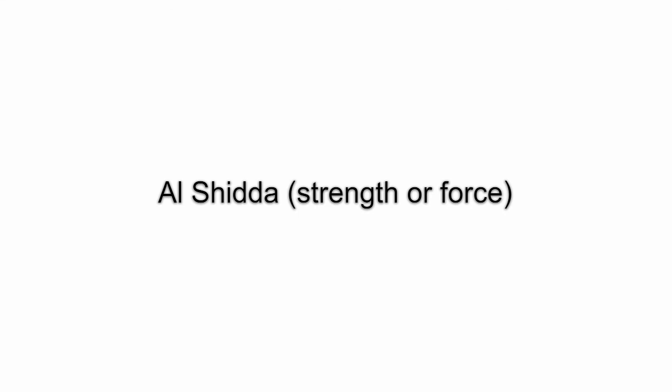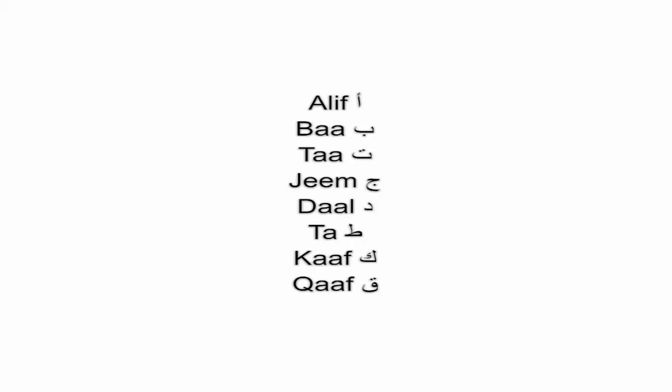The gap length in sound made by the attribute of a Shidda is not the same for all letters. Some letters make a larger gap than others. This is due to the other attributes also having an effect on the sound. There are 8 letters that carry this attribute: the Alif, the Ba, the Ta, Jim, Dal, Ta, Kaf, and Qaf.